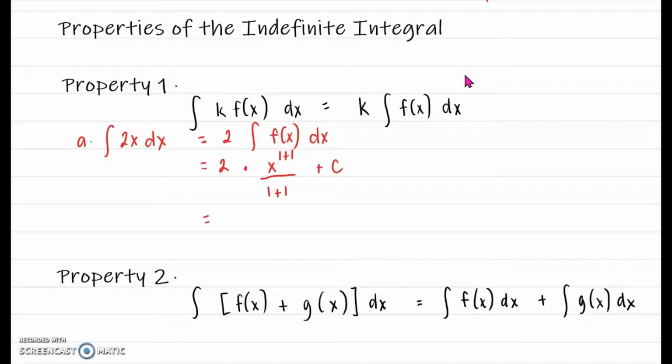So now we have 2 times x squared over 2 plus c. We can divide out 2, so our final answer now will be x squared plus c.